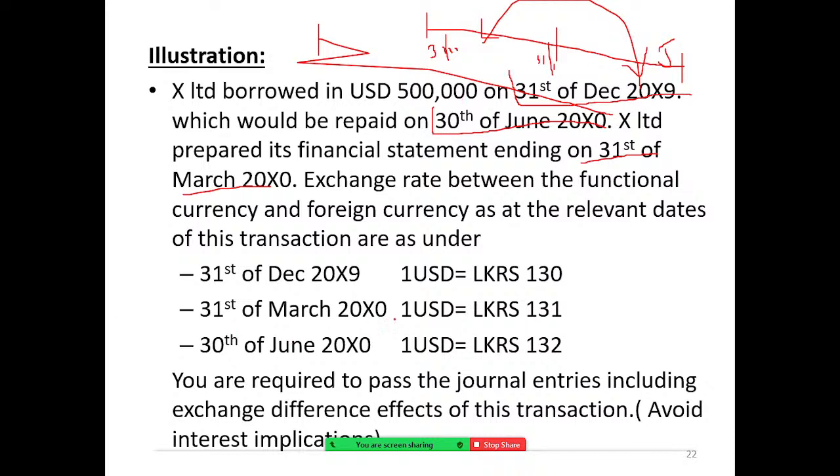On the first of December, the exchange rate was 130, and at the year end, the exchange rate was 131. At the settlement date, the exchange rate was 132. You are required to pass the journal entries including the exchange rate difference effect on this transaction. Avoid interest implications.